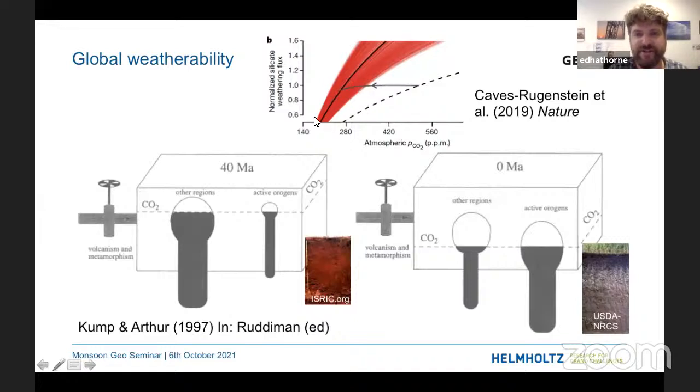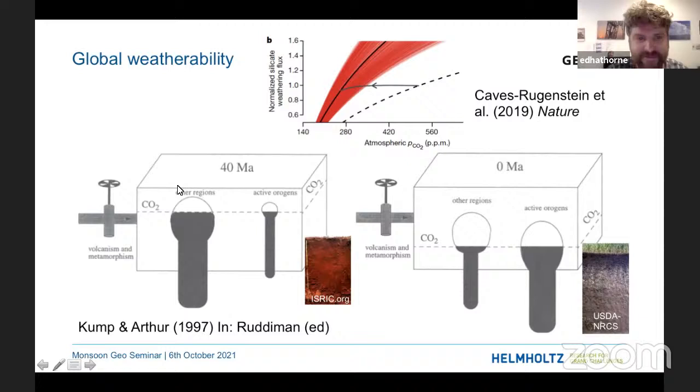But this means that you're basically changing the weatherability. Something on the Earth's surface has changed to make it more weatherable, so you can have a higher weathering flux at a lower CO2 concentration. This was also illustrated by Kump and Arthur in this chapter in the Ruddiman book in 1997. It's a great book.